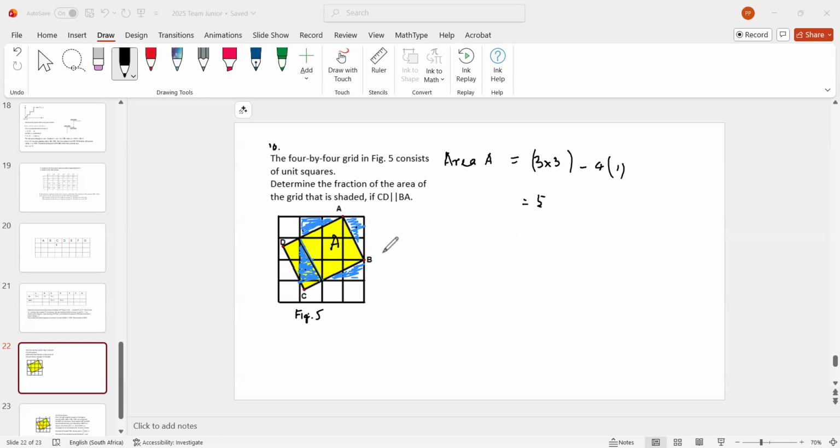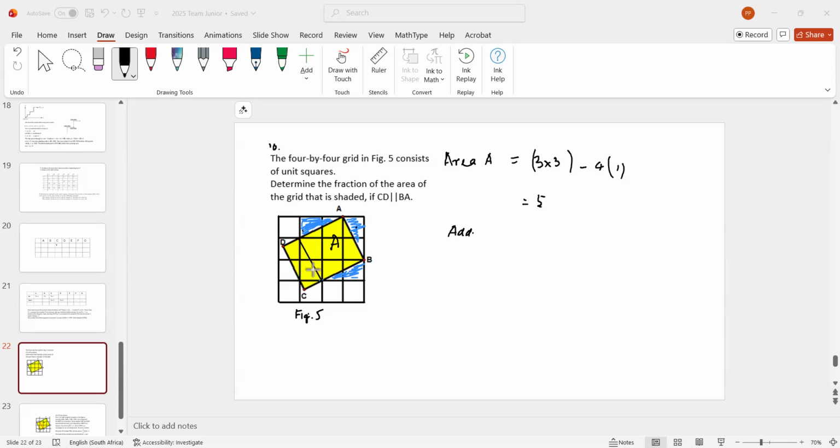Now, if we want to work out the area of the shaded region, you have to add this part here. Let's just take this thing out. Okay, so I have to add, I need to know the area of this rectangle.